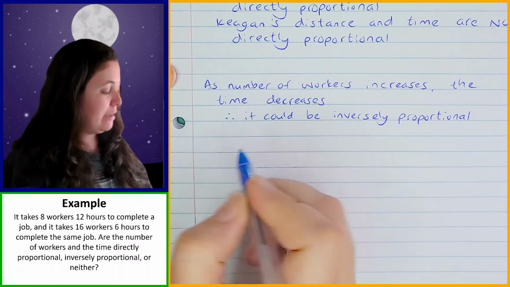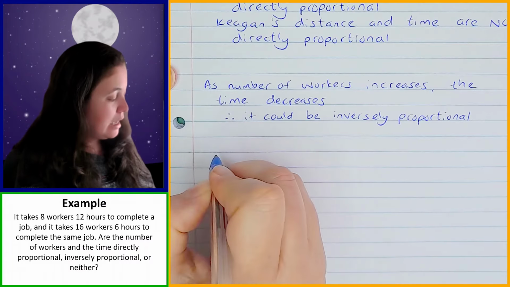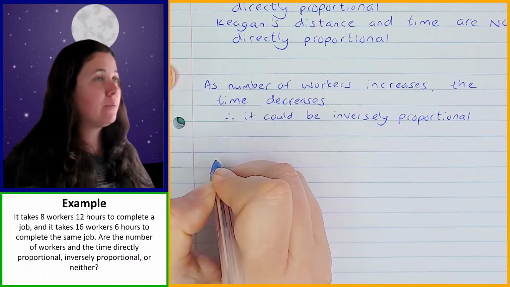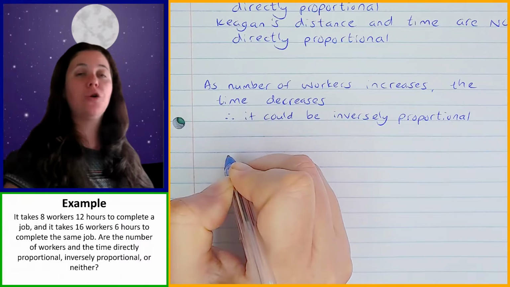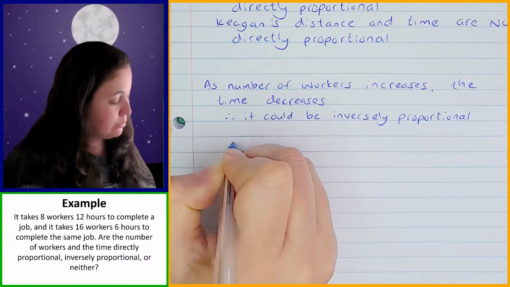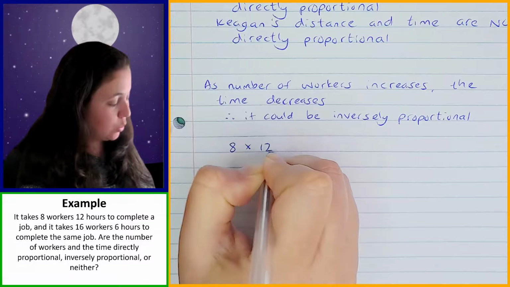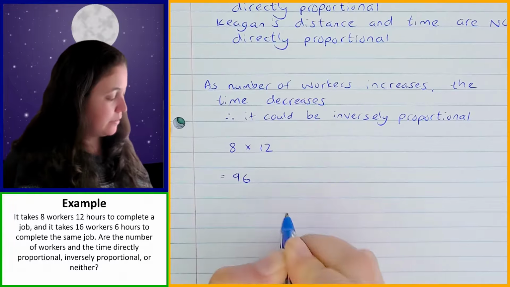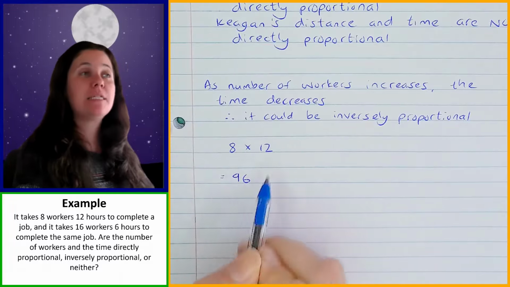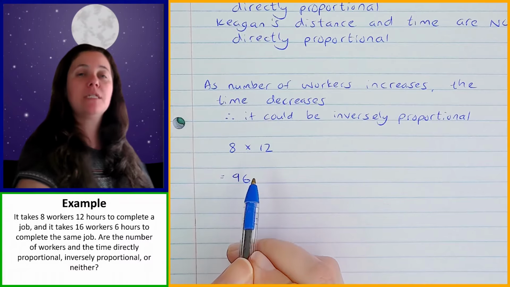Okay, so over here I'm going to say the number of workers multiplied by the time. For the first set, I've got 8 workers and 12 hours. So I'm going to multiply 8 by 12, and that will give me 96. Okay, so that's my first set.